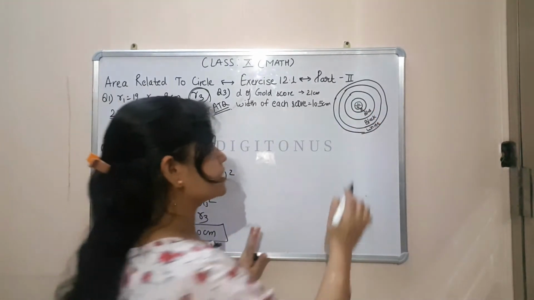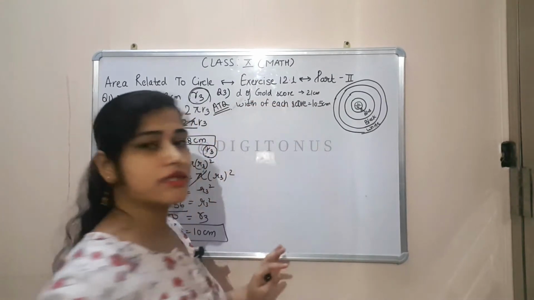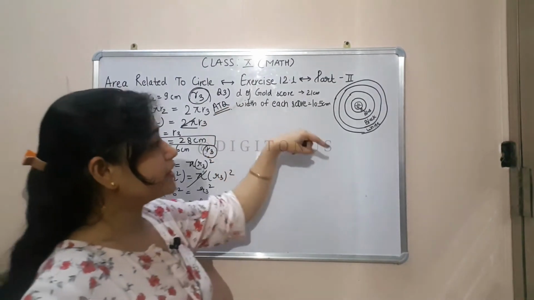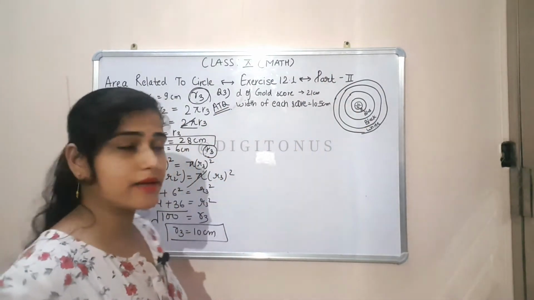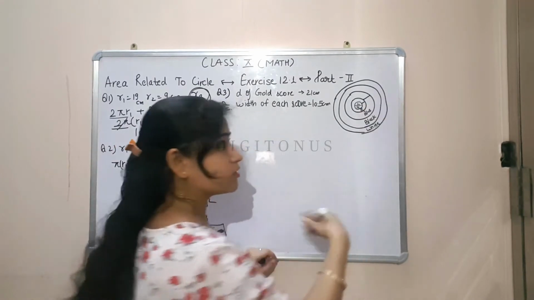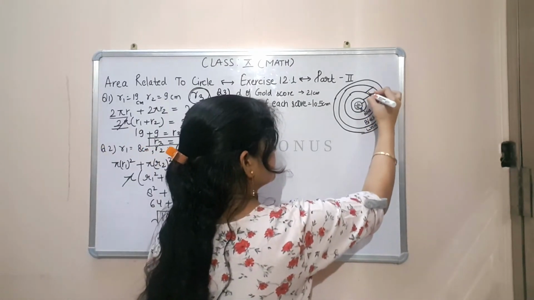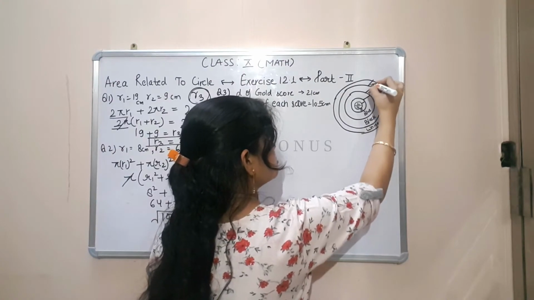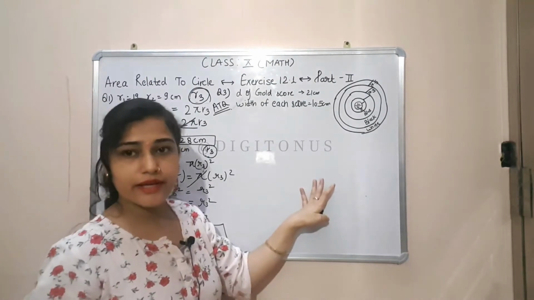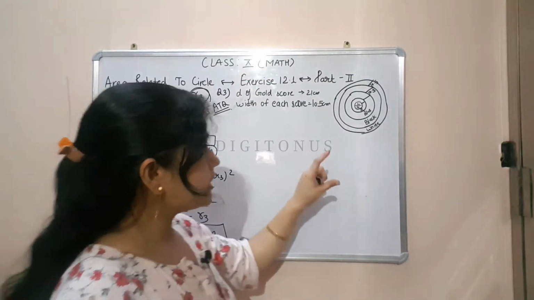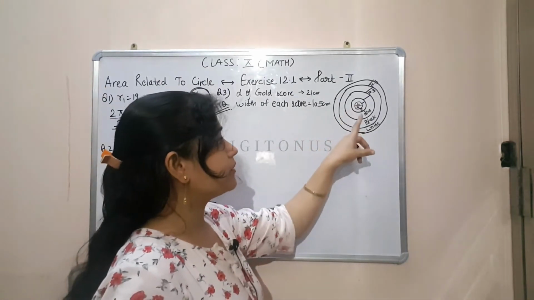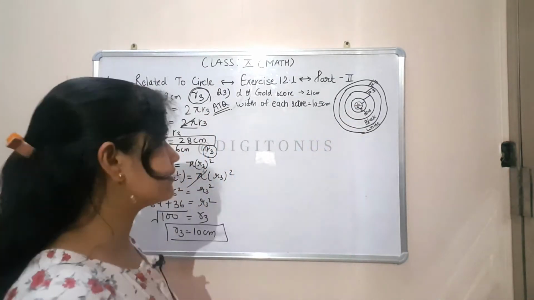The only information is that the diameter of the gold score is 21 centimeter, and they are saying the width of each score is 10.5, meaning this one is 10.5, this width also 10.5, this also 10.5 and this also 10.5 centimeter. The width increases by 10.5 each time. And they are asking the area of each score: gold, red, blue, black, white, the area of all the scores.